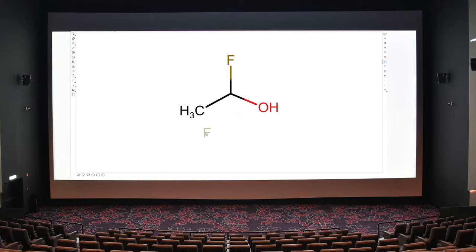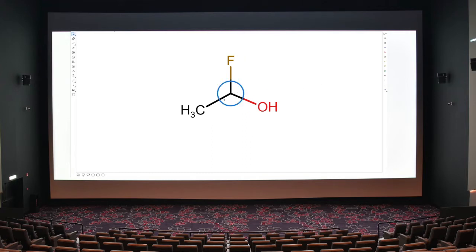This is the chiral molecule. Why? Because there are 4 different substituent groups. Okay, so that's all great. But if it's chiral, that means there is a mirror image of this molecule that can be drawn, and that mirror image would be the enantiomer of this compound.